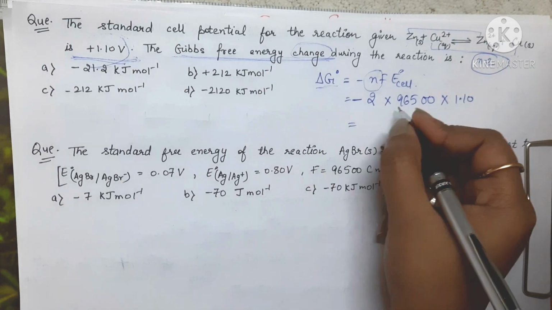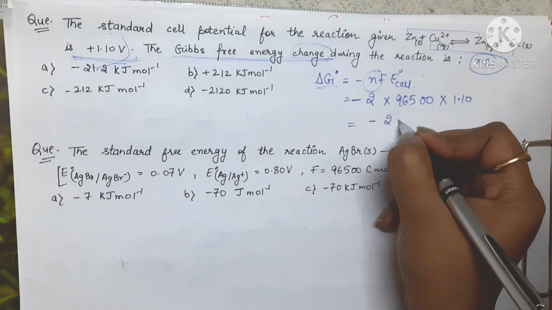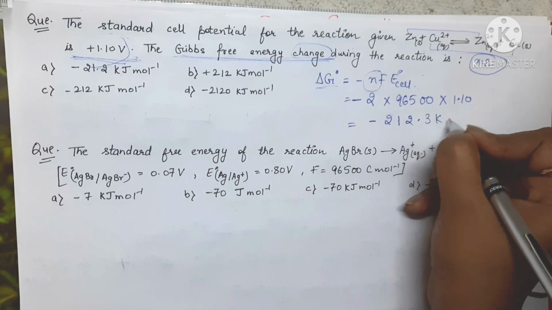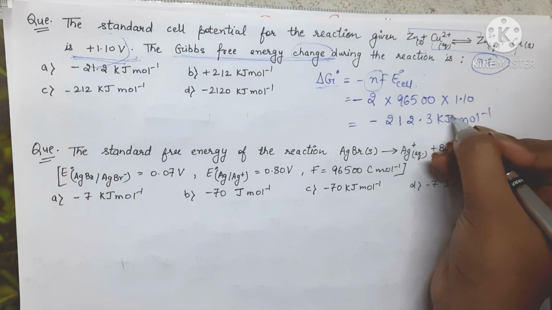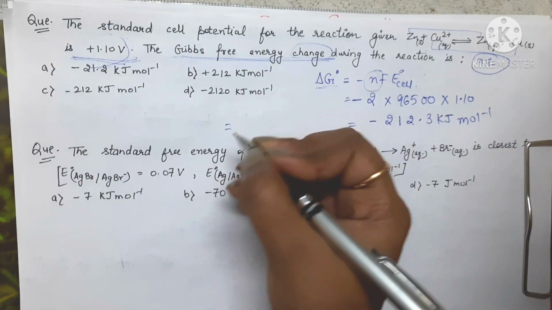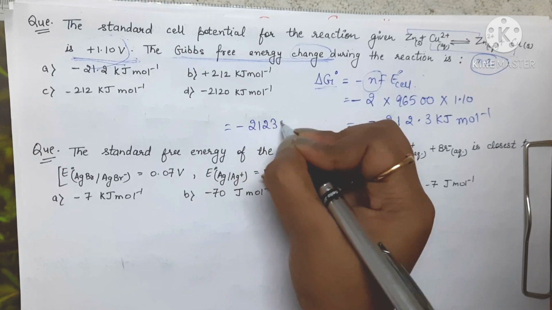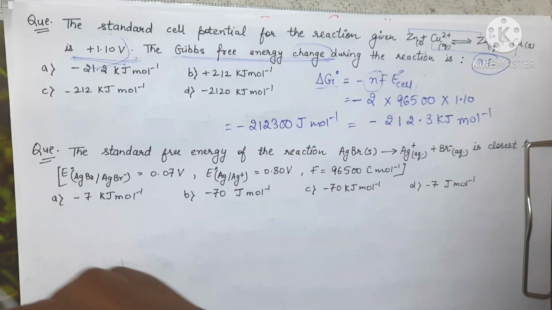So if you solve this, you will get the approximate answer as 212.3 kilojoule per mole. Okay, if I have to tell you one extra step in between, then actually you will be getting the value as 21230 joule per mole, right?